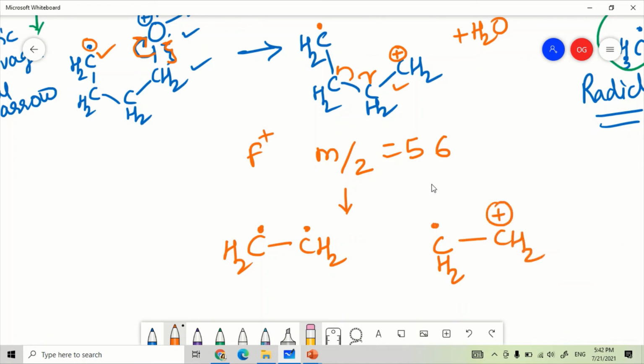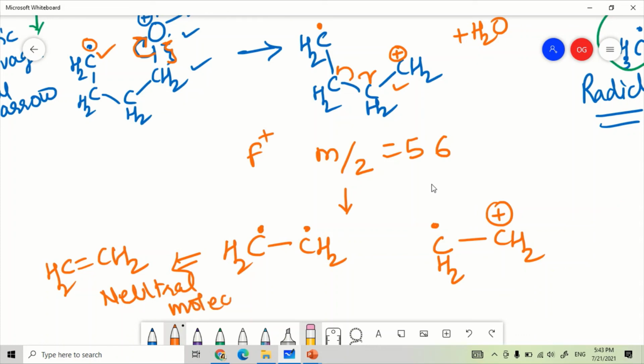And these are the reasons which we are studying, reasons for the appearance of various peaks at various m/z values. Collecting all these small units from the mass spectrum, we will get the idea of the whole structure of the given sample molecule. Okay, so here also a neutral molecule is removed, and this is our last fragment ion formed here.